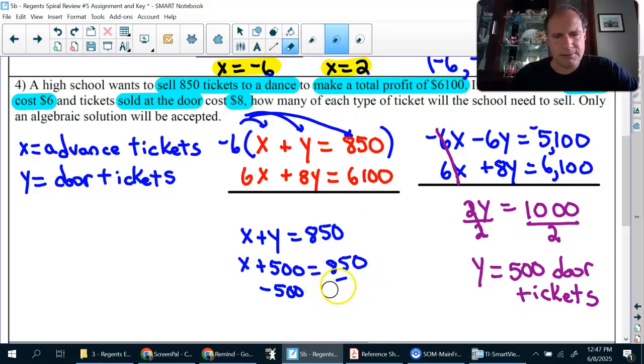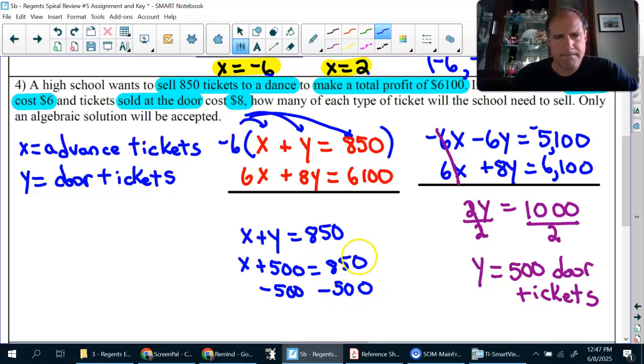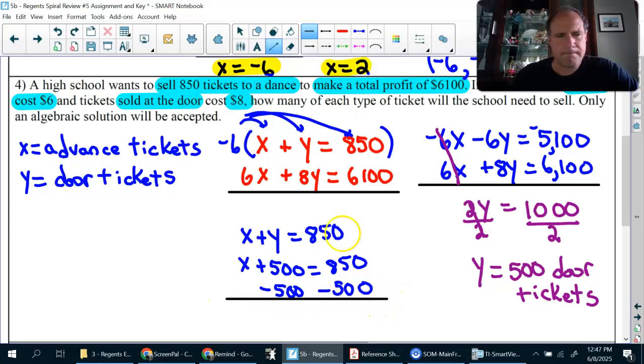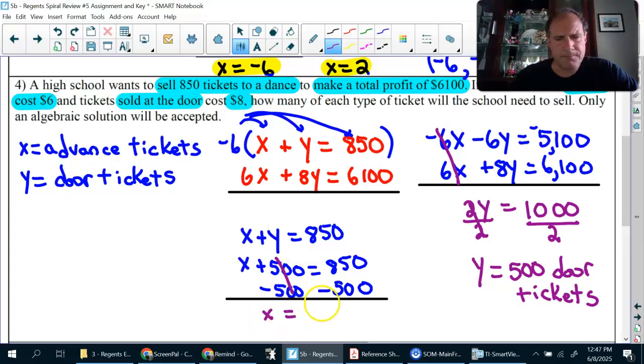And it looks a little sloppy. Okay. This cancels, and then you have x equals 350 advance tickets.